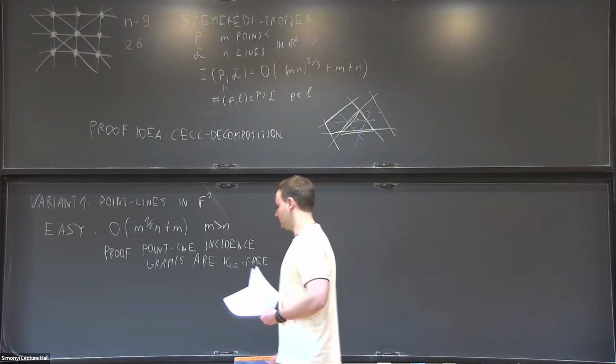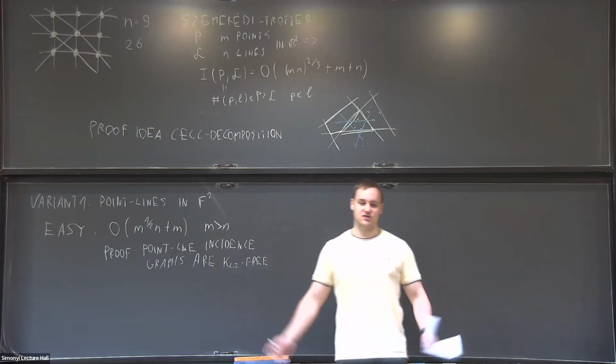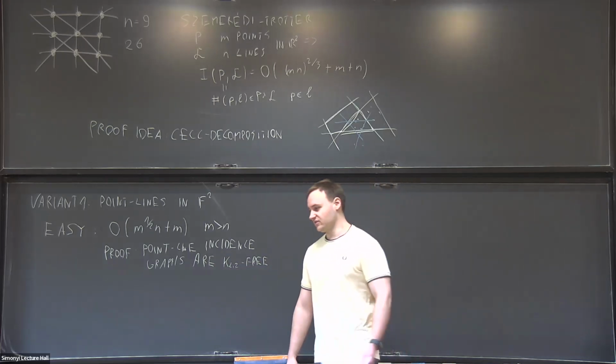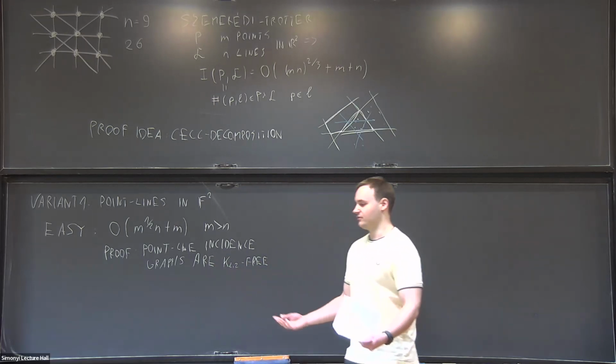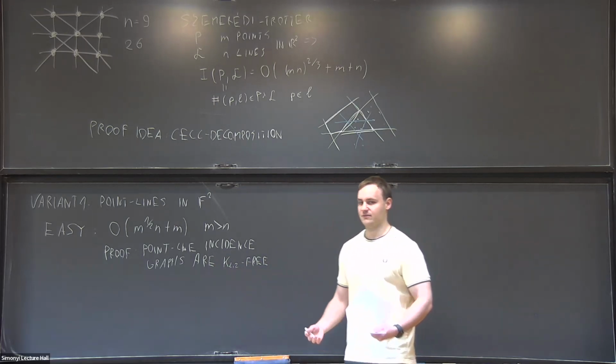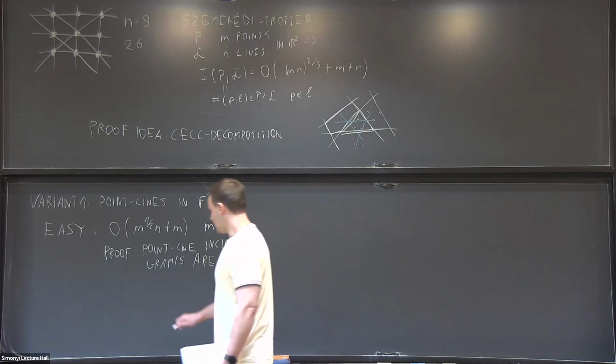So this is trivial. But now, after this observation, we can basically just forget about any kind of geometry, any kind of points and lines, and we just ask: what is the maximum number of edges in a bipartite graph on M plus N vertices without K_{2,2}?